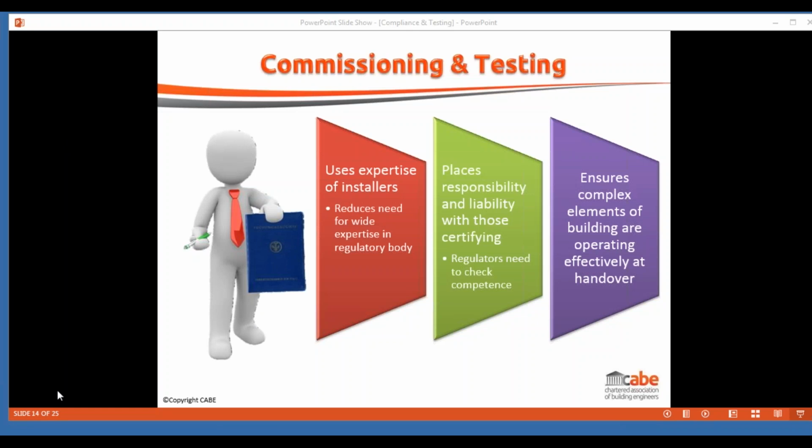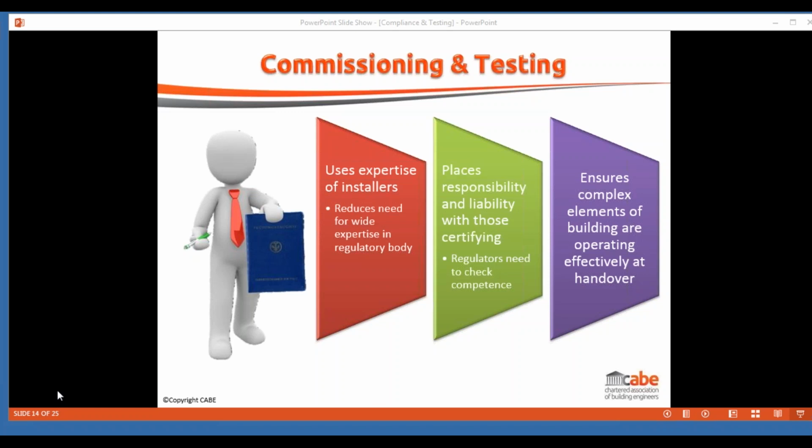So commissioning and setting up and testing is a critical part of the process, and therefore we tend to use the expertise of those installing the equipment in terms of the commissioning to make sure that it's actually going to run effectively. And this again is where a lot of the industry is covered by competent person type arrangements or commissioning certificates that are received from those installing the equipment.